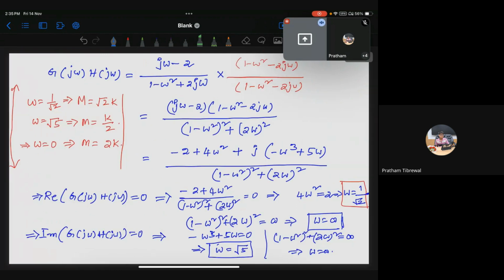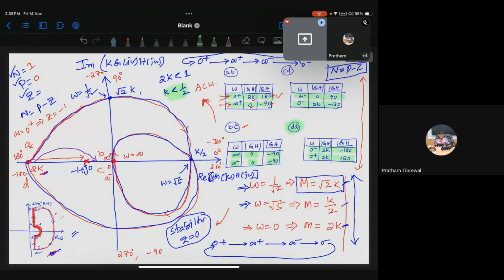Then we will find the real axis intersection point by taking the imaginary part as 0, and the imaginary axis intersection point by taking the real part as 0. You'll get two different omegas. For those, you'll find the magnitudes. Then using the intersection points as well as these four tables, you can plot it by following the basic diagram. Then you can talk about the stability.